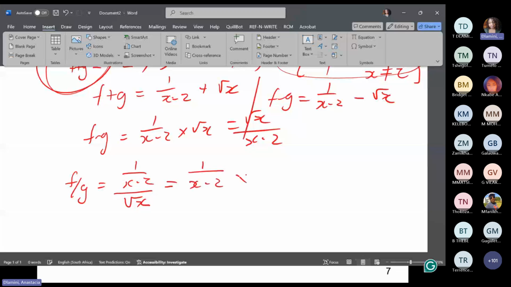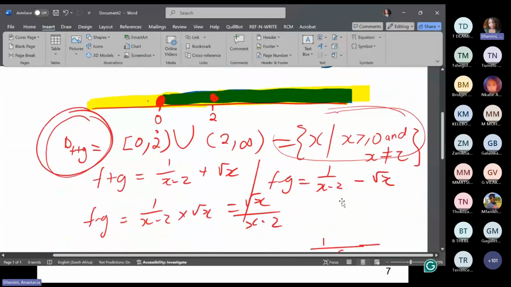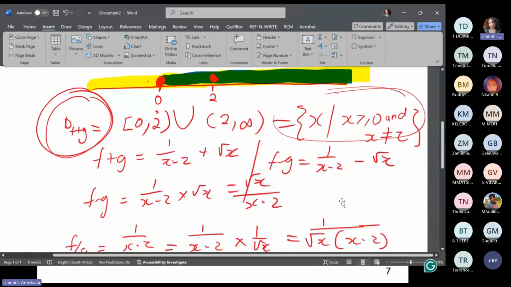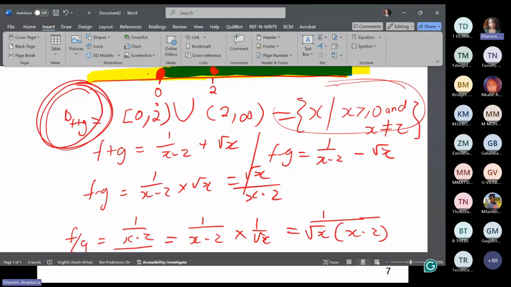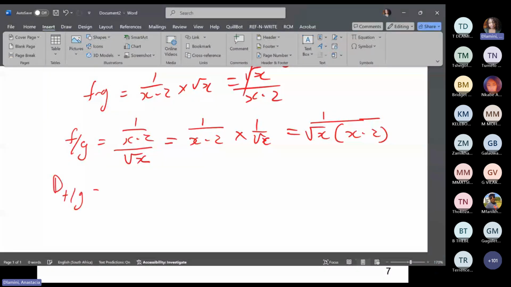We say the domain of this one is equals to this one, but we remove values of x for which the denominator is 0. So let's do that. So the domain of f over g is what? Is x such that x is greater or equals to 0 and x is not equals to 2.